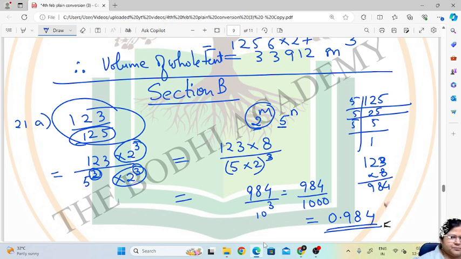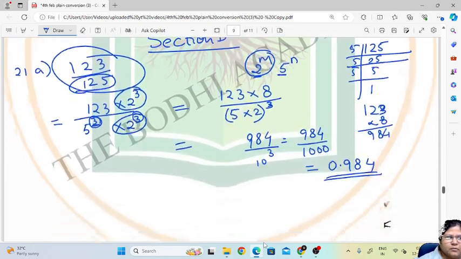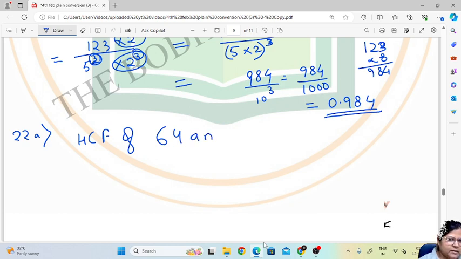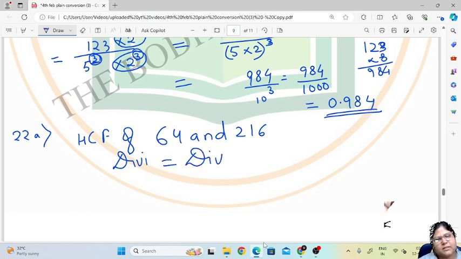Next is question 22A. Using Euclid's division algorithm, find HCF of 64 and 216. So basically you have to write this formula: dividend equals divisor into quotient plus remainder.